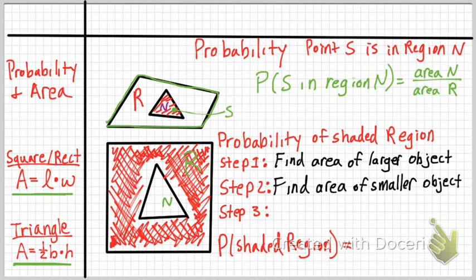And then finally, this is just like when we were doing our complements, right? It is not in the triangular region. So we're going to say the area minus the area of the small, and that's going to be the area of the shaded region.